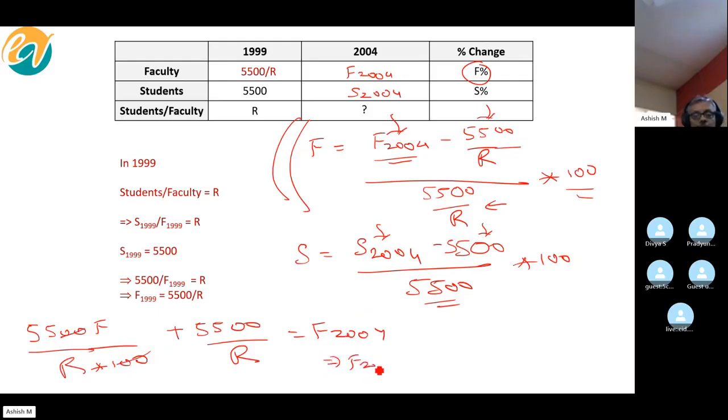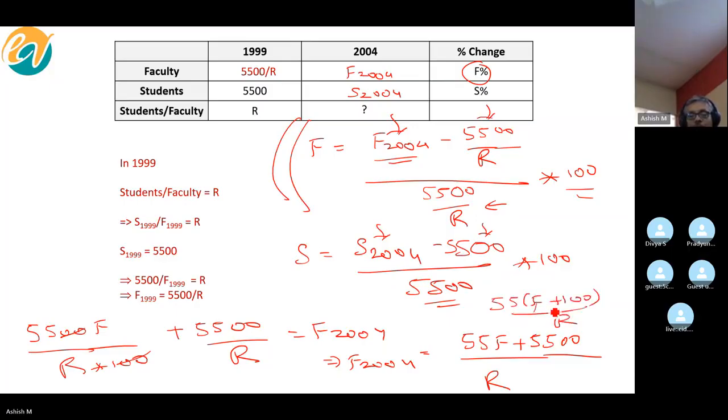F 2004 is equal to, R is obviously the LCM, so 55 F plus 5500, correct? That is F 2004. So we can obviously take 55 common here. So then it would be 55 times F plus 100 by R, correct?